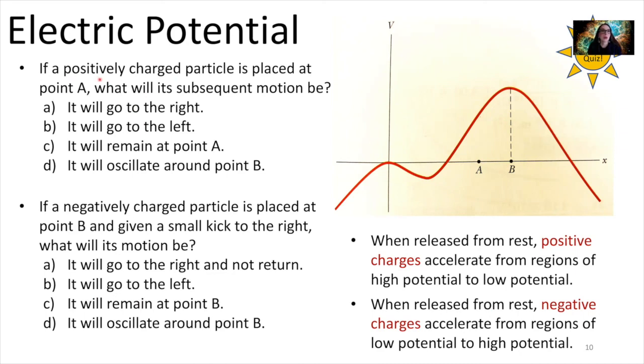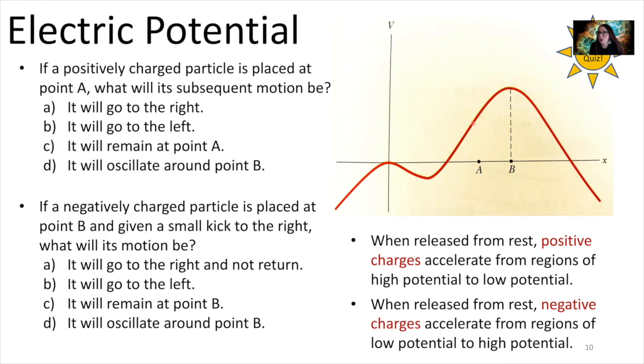Let's say we have a positive charge. If a positively charged particle is placed right here at point A, what will be its subsequent motion? Using what we just described, I'm going to place my positively charged particle at point A. At point A, this is the electric potential. The electric potential gets larger and more positive as we move to the right.